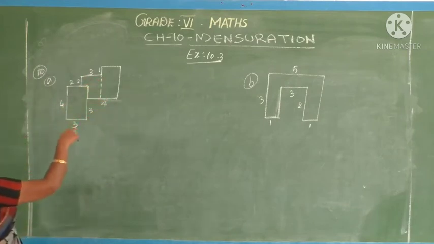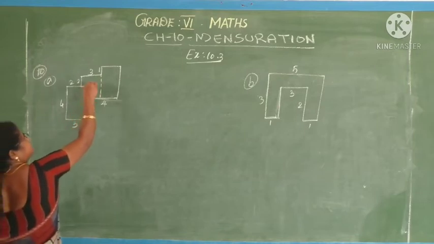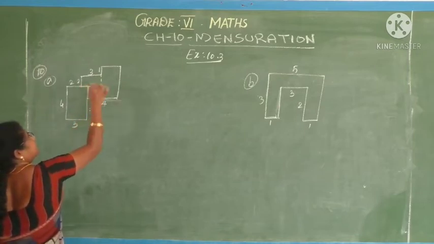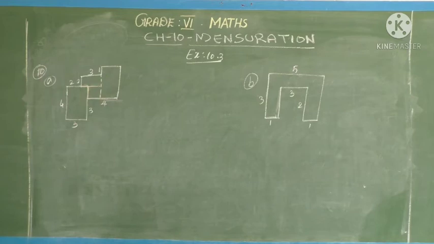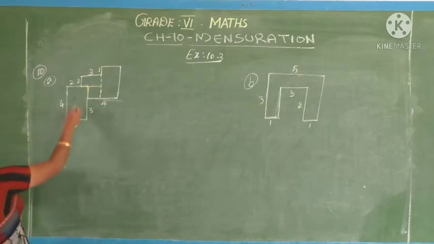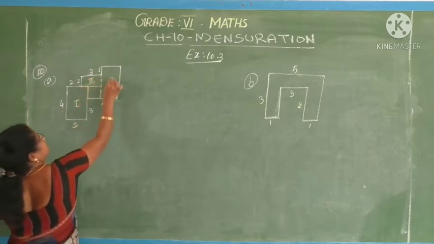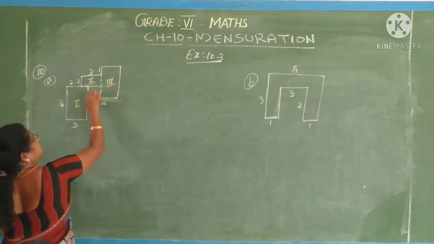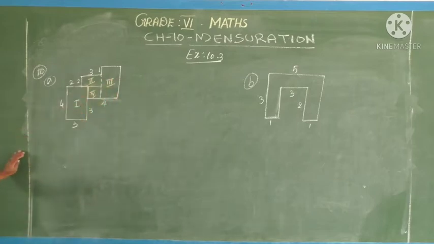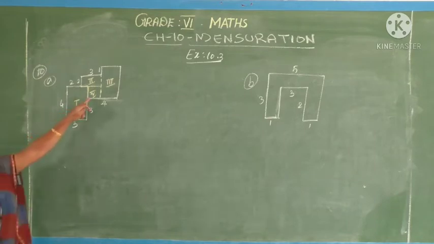Likewise. We split here one rectangle: 1, 2, 3, this 4. 4 rectangles. This one is like a square.